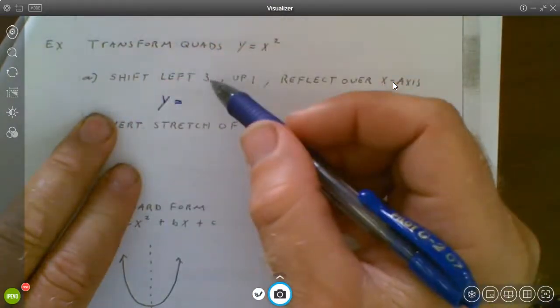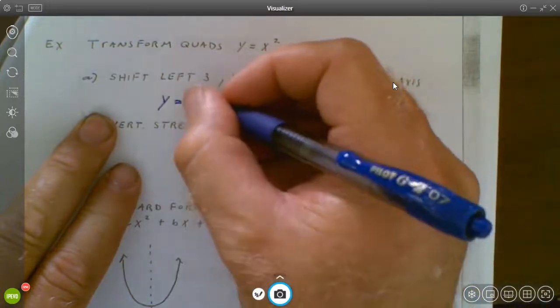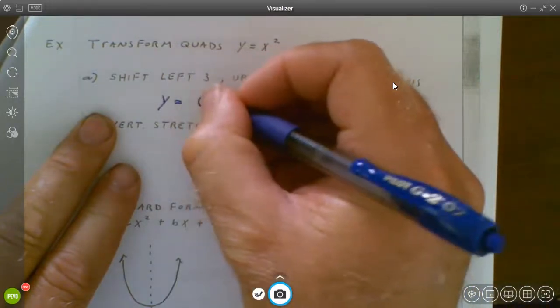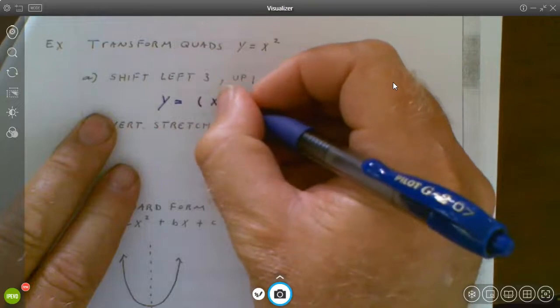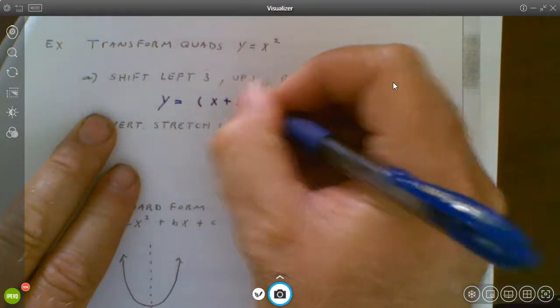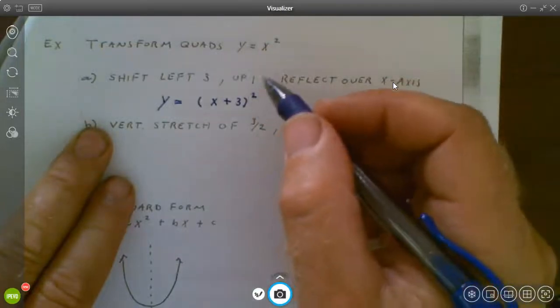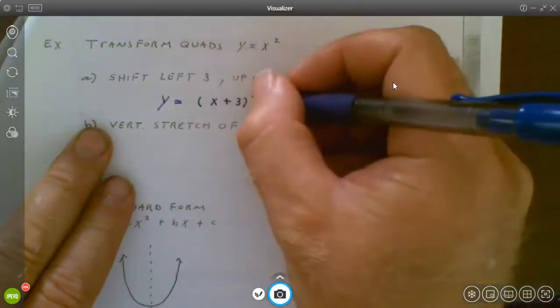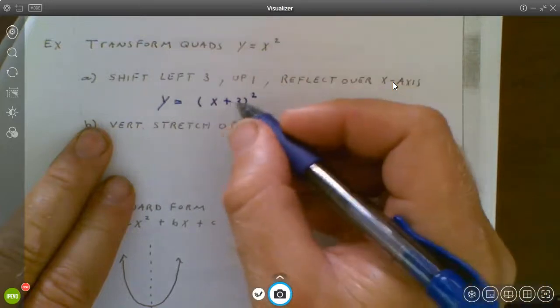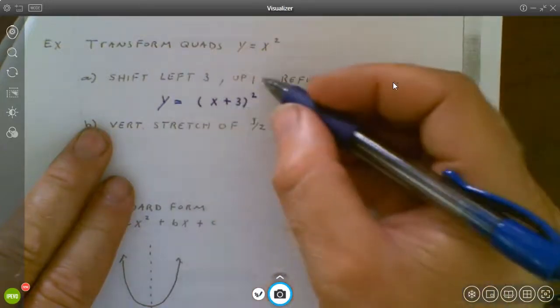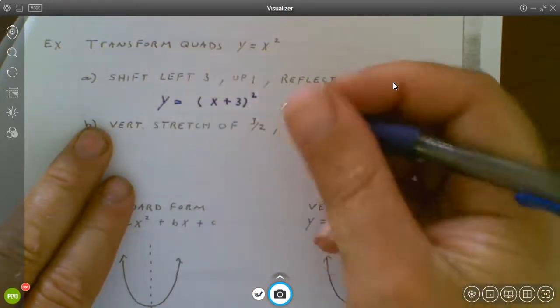So as far as shifting left 3, we know the x plus 3 is going to cause that to happen. If we're going to do a vertical shift up 1, remember anything that goes left and right needs to be attached to x. Anything that goes up or down is not attached to x.